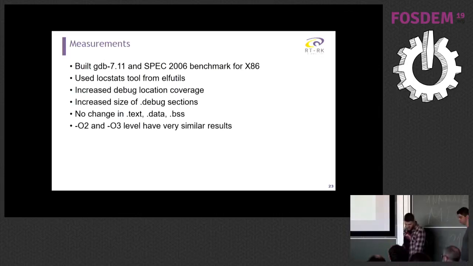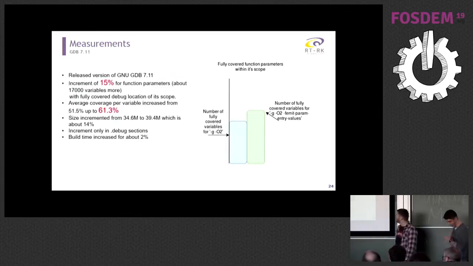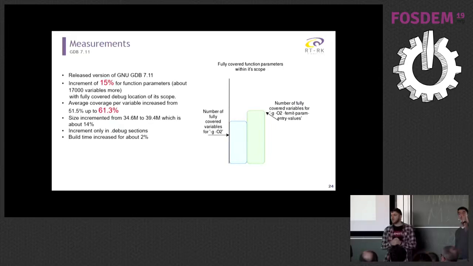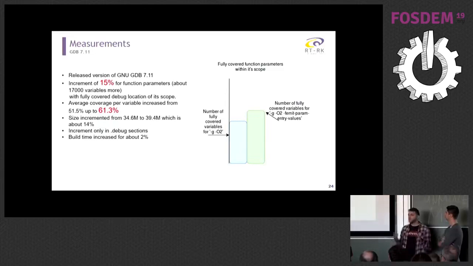So the first example is GDB 7.11. We built the latest release version of that. We noticed there an increment of fully covered function parameters of about 15%, which is about 17,000 more debug variables with fully debug location coverage, which is a very good number.